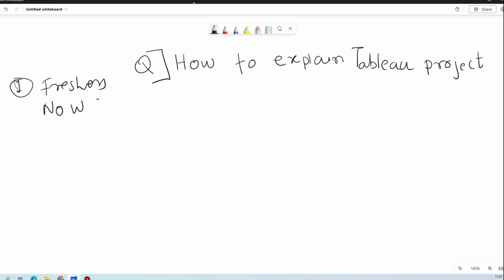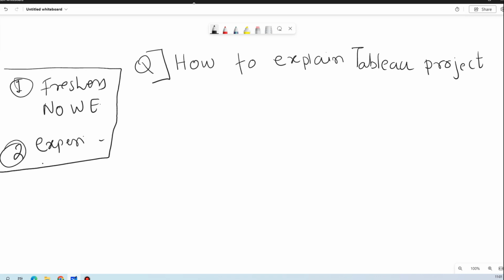The second one is experienced persons with some sort of experience in Tableau or the BI domain. Depending upon your nature of work, you have to prepare the answer for this particular question accordingly.